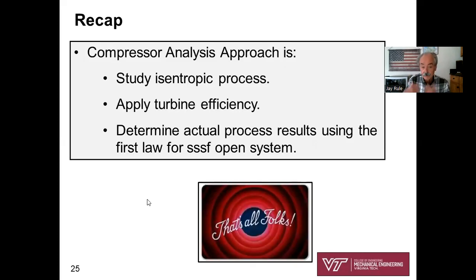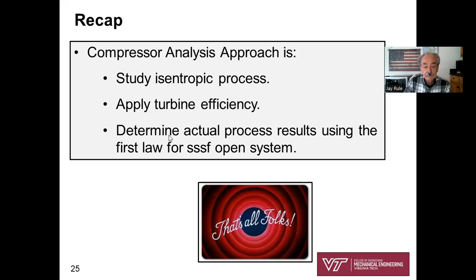So let's see, a final recap. In our compressor analysis, what we do is we study the isentropic process first. We then apply the definition of compressor efficiency. I've got to fix that. Slide 25 is all goofed up. That darn copy and paste does not fix my errors. All right.